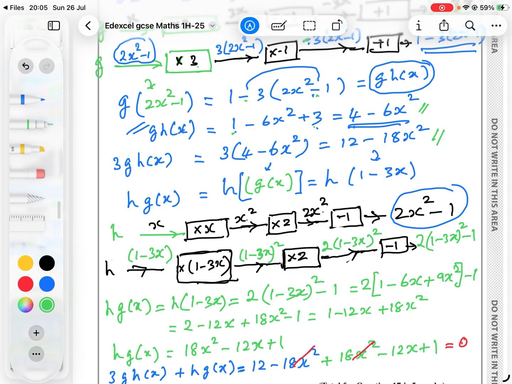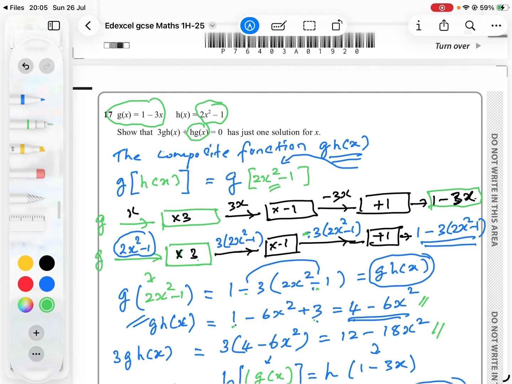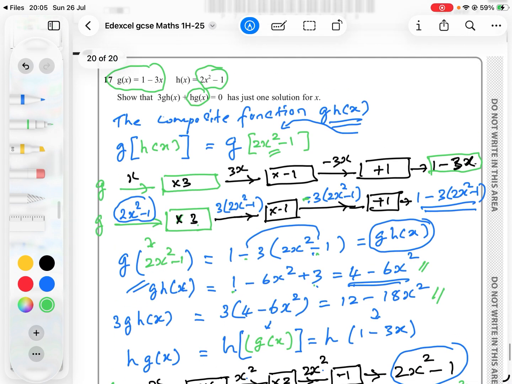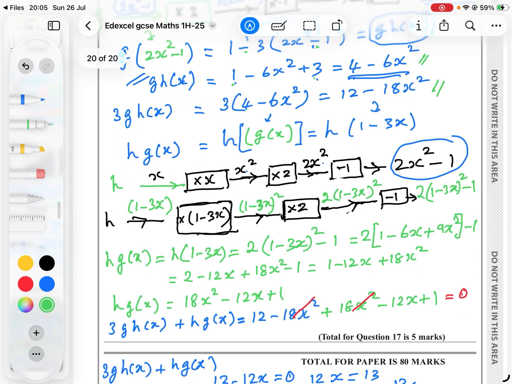If your function h(x) means your input is x, you square it, then times 2, then take away 1, that is 2x squared minus 1. Whatever you are sending, you have to square it. So you are going to send 1 minus 3x: 1 minus 3x whole thing squared, then times 2, 2 times bracket 1 minus 3x squared, take away 1. This is your outcome.